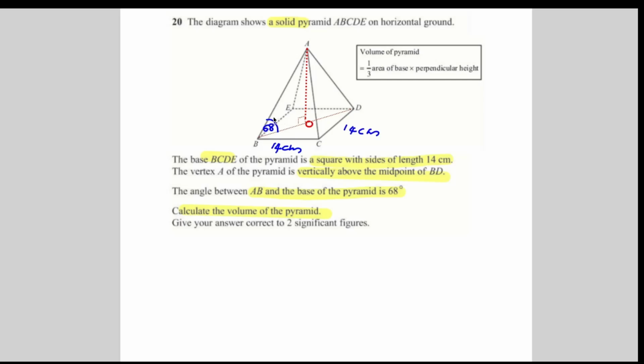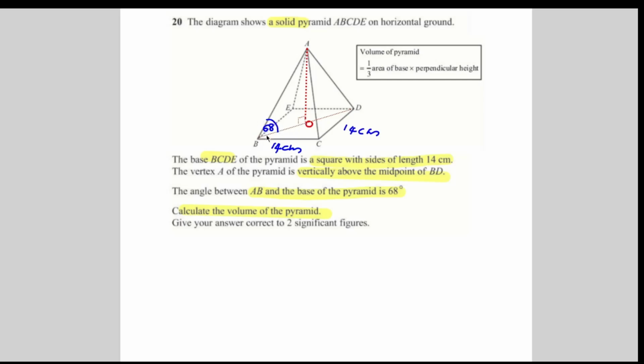Right, we need to calculate the volume. So volume is given here 1/3 area of the base. Area can be taken here length into breadth because this is a square. So 14 into 14. So we are done with this part. Perpendicular height. Perpendicular height is this one. We need to get this one. So to get this one, we have this 90-degree triangle.